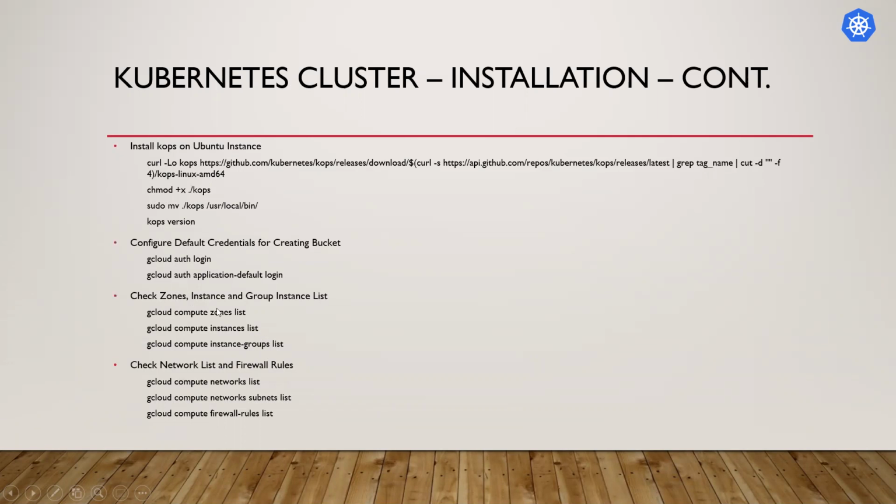After that, we will check some things: instance and instance group details, network list, and firewall rules. We check these because when we create a Kubernetes cluster, it will create new instances, new compute zones, groups, network list, network subnets, and firewall rules.